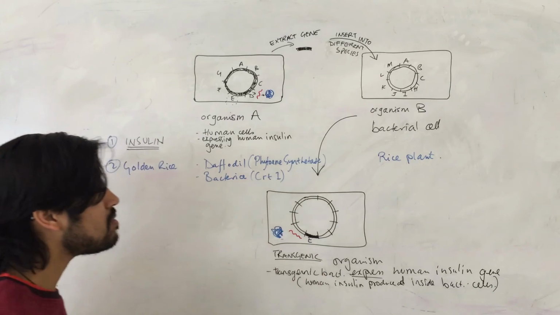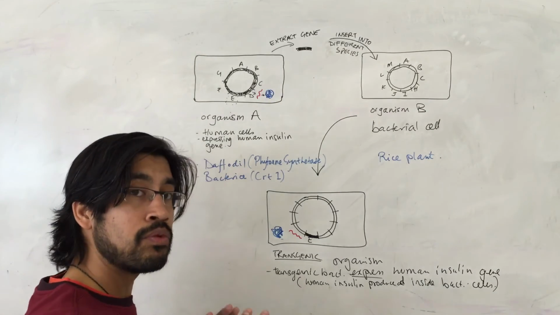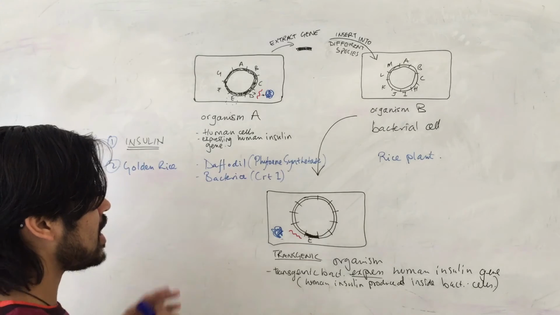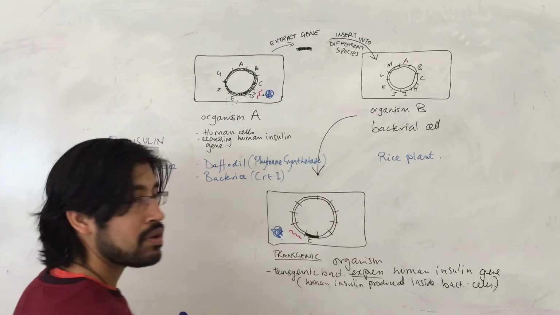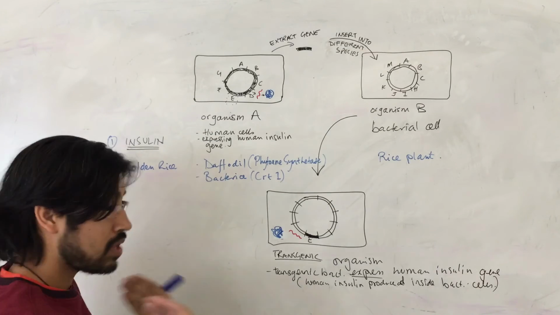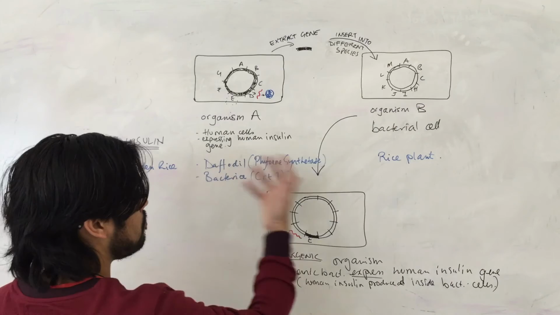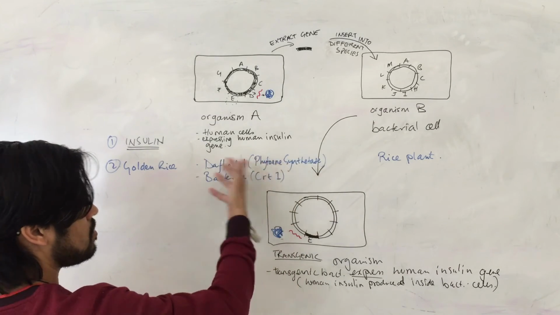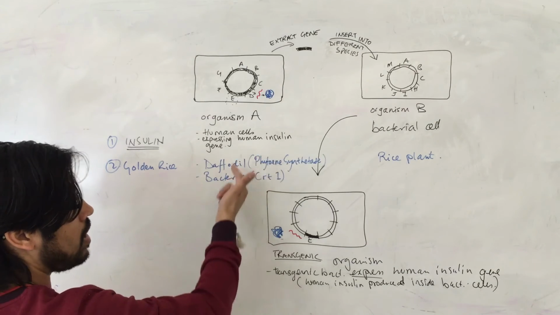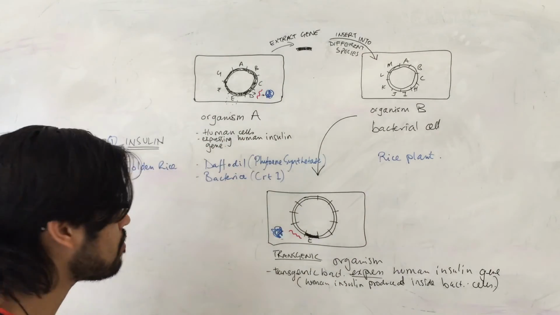Is it really necessary that you know exactly what these things are and what they do? Not really. At this stage there's more value in just understanding that there's something the rice plant needs, and the genes it needs are present in these other organisms, and we'll be transferring them from one organism to the other.